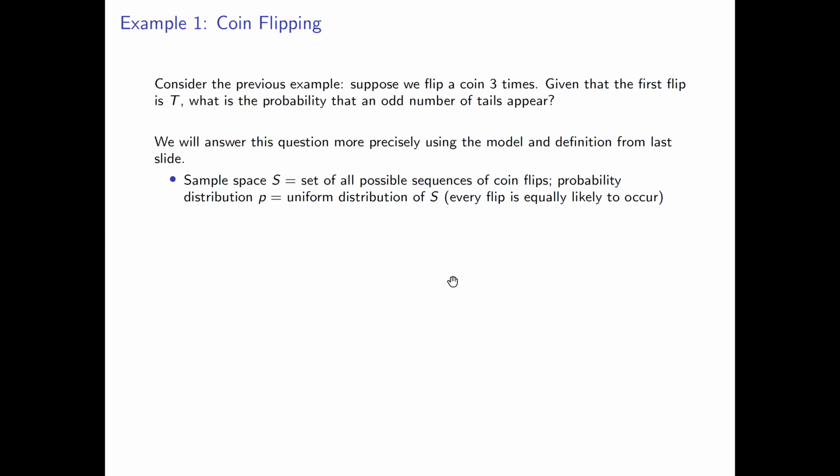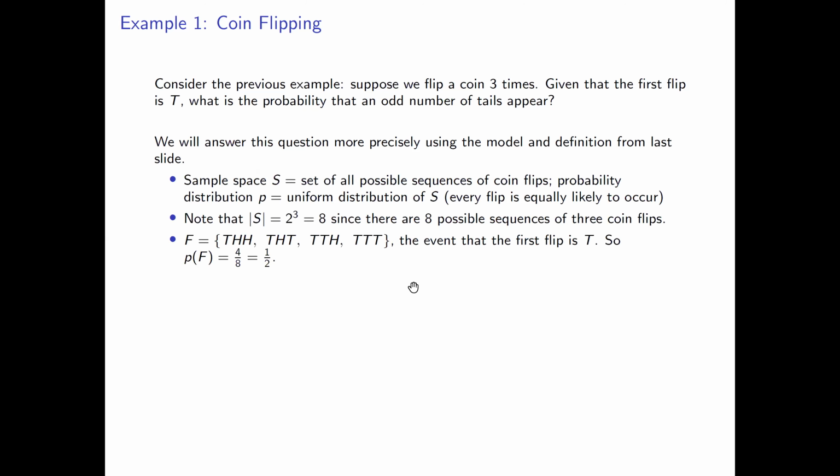And we're just going to use the uniform distribution on the space because every single sequence is equally likely to occur. Right? And so the cardinality of the sample space is 2 cubed, because for each point in each sequence it's either heads or tails, and there are 3 points.